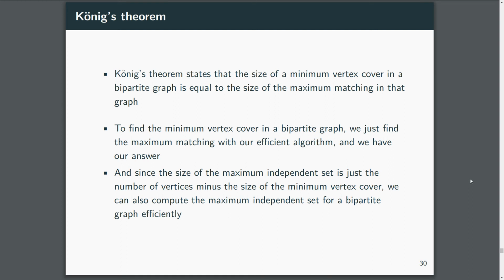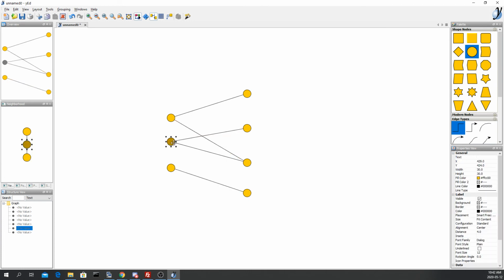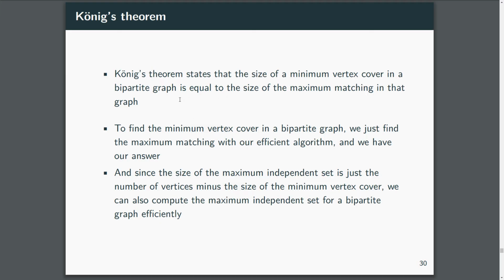So if you have this vertex in your vertex cover on one side of the bipartite graph, then all of its neighbors on the other side are going to be included by having this vertex. So the size of the minimum vertex cover is going to be equal to the size of the maximum matching, and this is the number of edges and here the number of vertices.